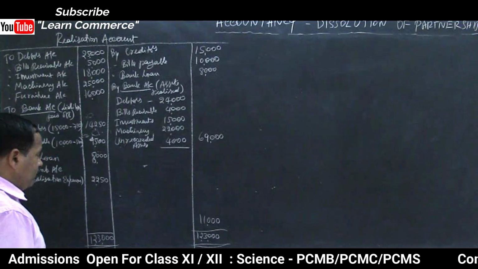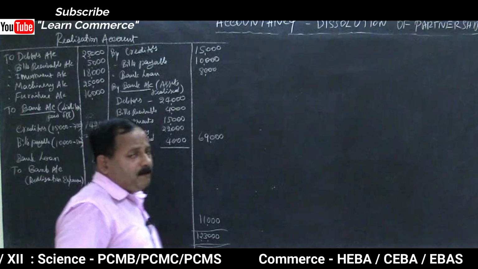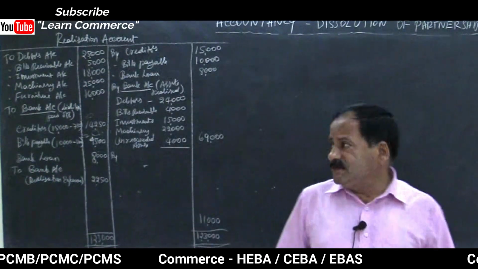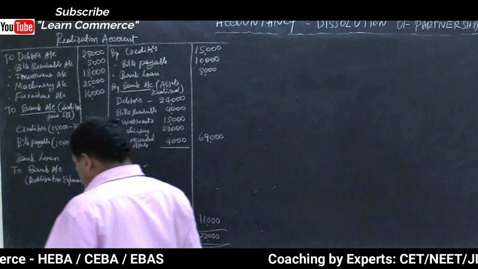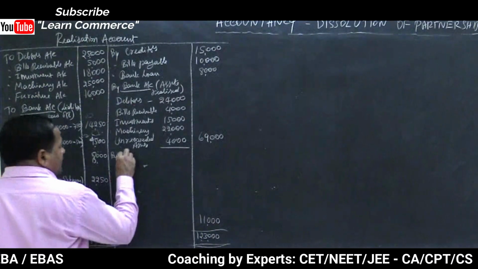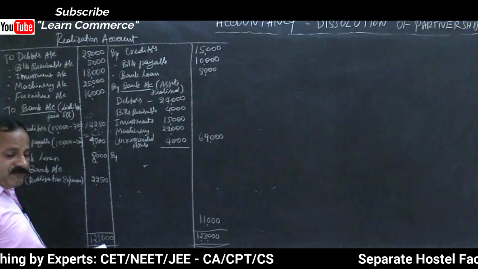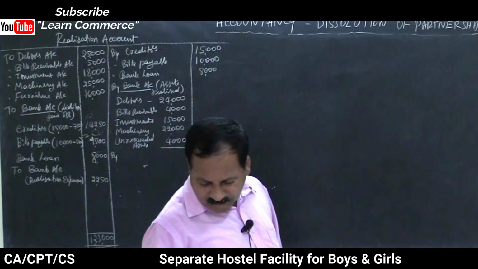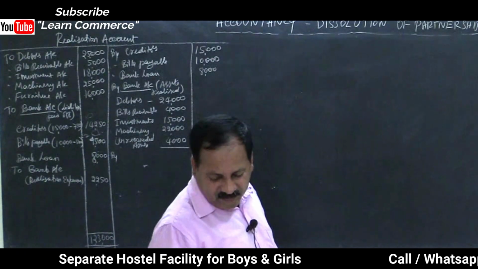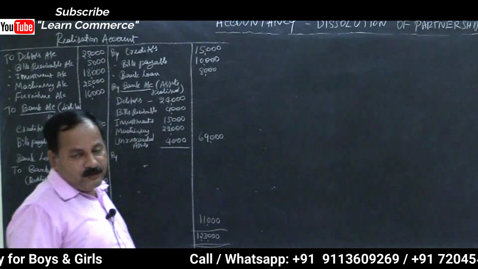One more item we left here. One asset was taken over by a partner. Am I correct? So I am seeing why it is not agreeing. So one more entry, that is Chandu's capital account. Chandu took over which asset? Furniture. Furniture was taken over by Chandu. Refer to the instruction, that is adjustment B. Chandu took over furniture for rupees 10,000.